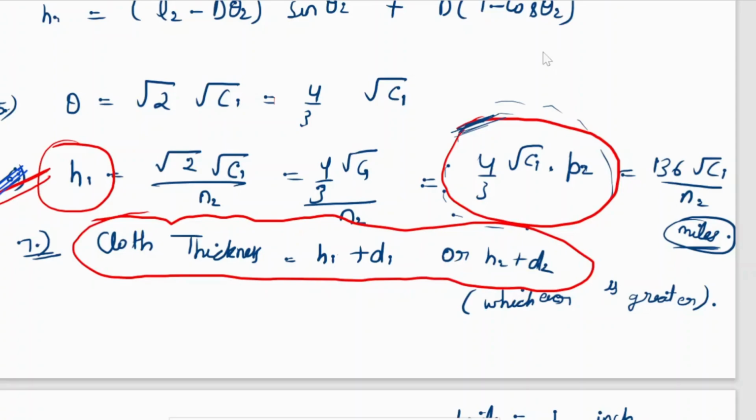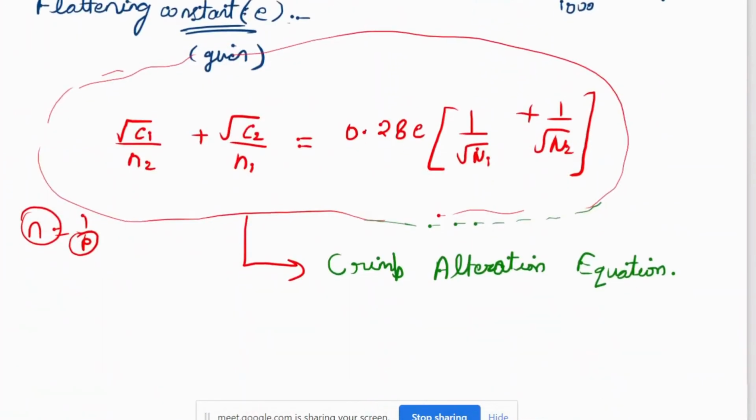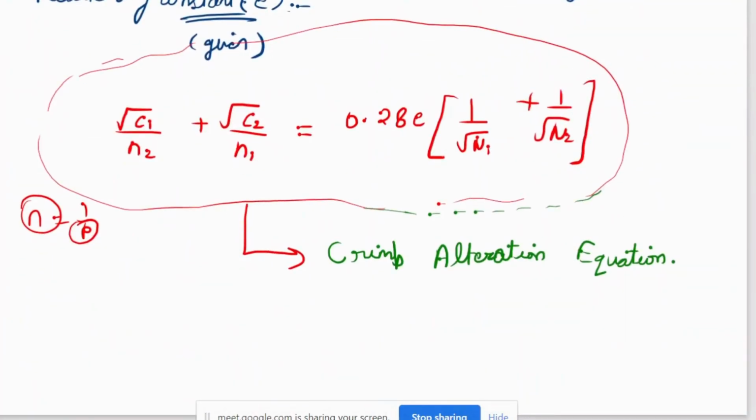And cloth thickness is H1 plus D1, H2 plus D2, and whichever is greater, we take this. And this is the crimp relation: under root c1 upon n2 plus under root c2 upon n1, where n1 and n2 relate to the count of warp and weft.